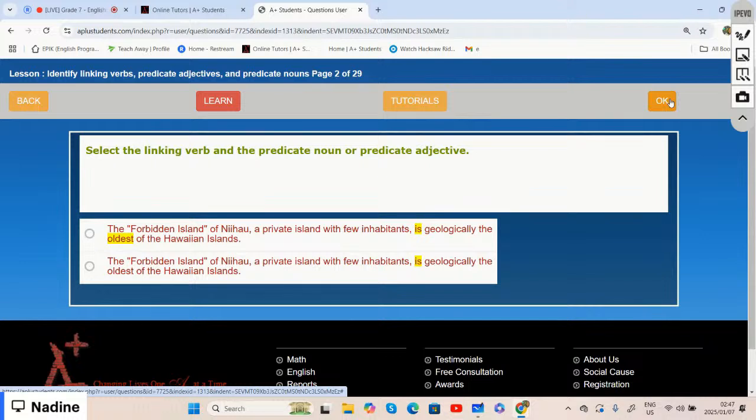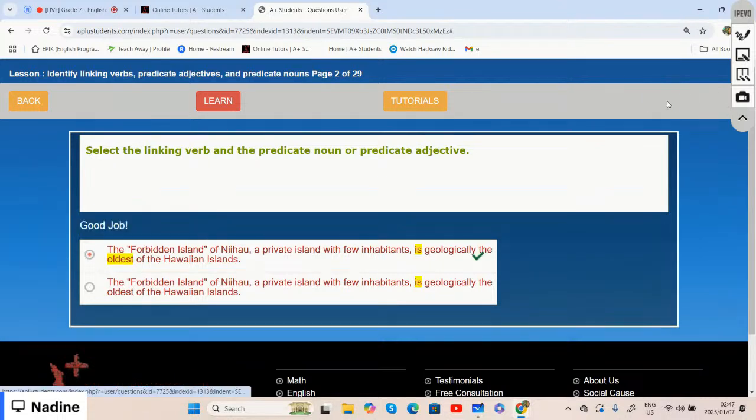All right, and if we were to select either the linking verbs and the predicate noun or predicate adjective, this is the last one. And then we will choose is oldest. So the first one is correct.